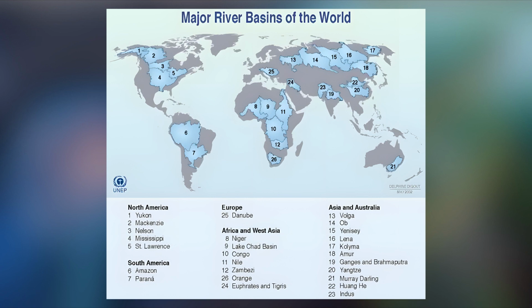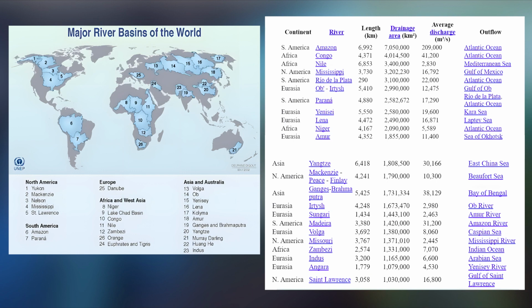But regardless of whether you count the Amazon or the Nile as the longest river, far and away the Amazon basin as a whole is the largest river in terms of total discharge. That is the total amount of water that it dumps out into the ocean every year.